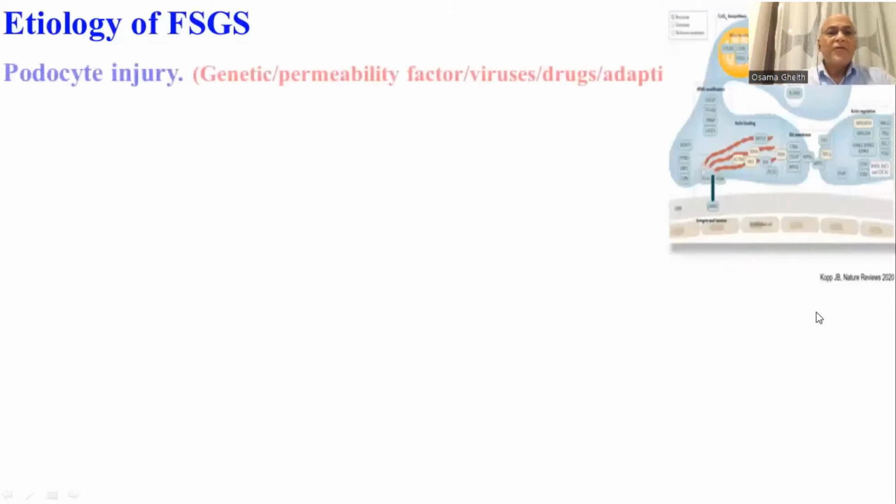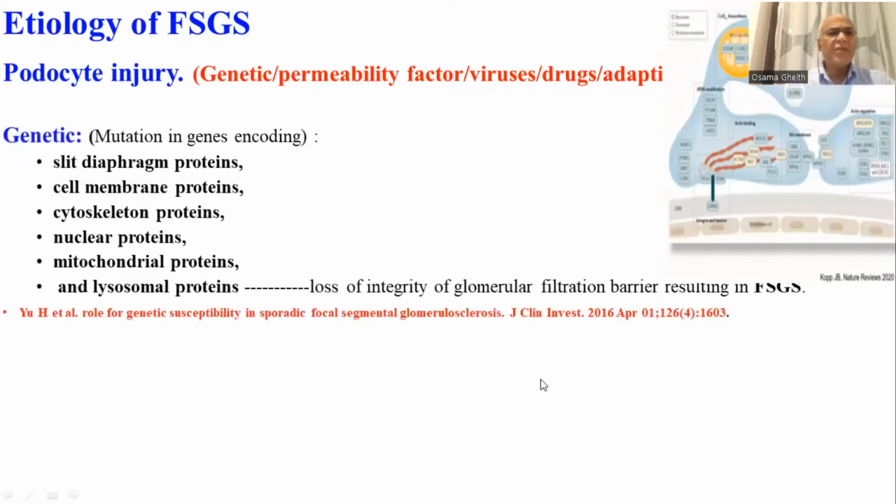The etiology of FSGS is related mainly to podocyte injury, which could be due to genetic predisposition, permeability factor injury, viruses, drugs, or adaptation. So genetic predisposition is due to mutation of many genes encoding proteins of the different structures of the podocyte, especially slit diaphragm, cell membrane, cytoskeleton, nuclear protein, mitochondrial.